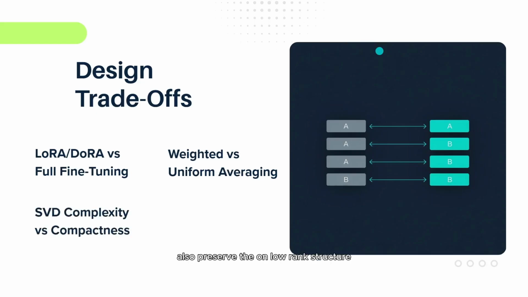Also, to preserve low-rank structure and keep the adapter size compact, we use SVD refactorization after aggregation. And finally, as the nodes vary in hardware, CPU and GPU capability and memory, it ensures the pipeline runs reliably across various hardware without sacrificing the model integrity.